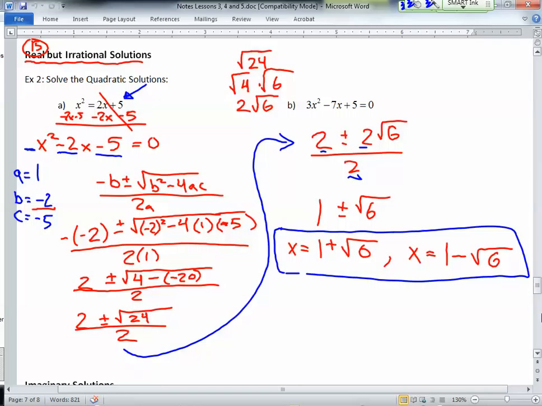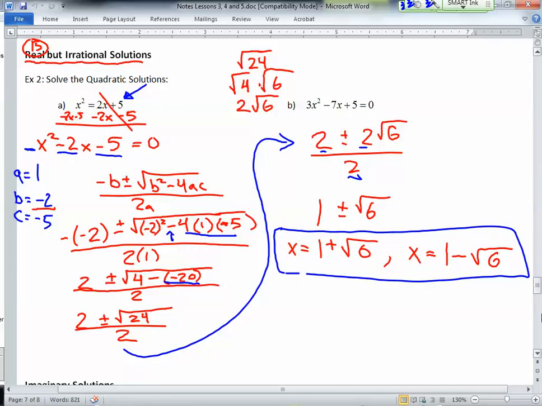Now, as to Ben's question, and then we'll do a bathroom break after that, Morgan. Ben, your question was, how did I get this minus 20 right here, right? I got that minus 20 because I had a 4 times a negative 5, and I kept this minus separate out in front.